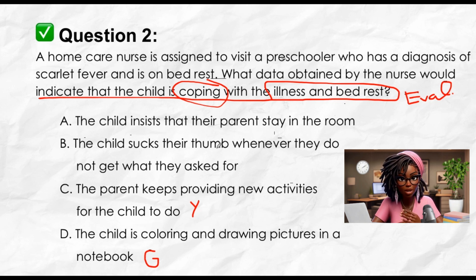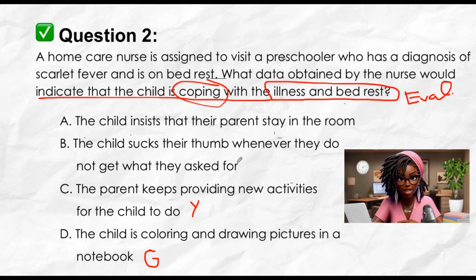Then we have B. So the child sucks their thumb whenever they do not get what they asked for. This actually shows regression under stress, which sometimes is normal for preschoolers. If this occurs quite often when the child's demand is not met, this shows emotional dysregulation.